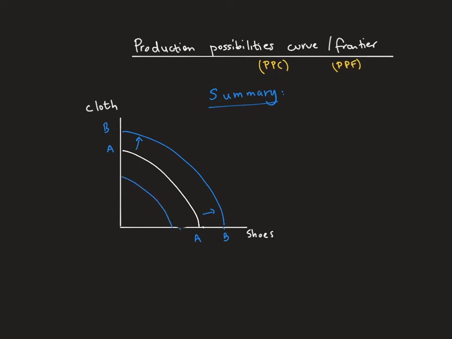So let's say we move from point A to CC. That means this represents a decline in technology or decline in production, also maybe stemming from unemployment. So there's a recession in the country due to a virus outbreak. What happens? We're moving from AA to CC because now we're producing fewer products.